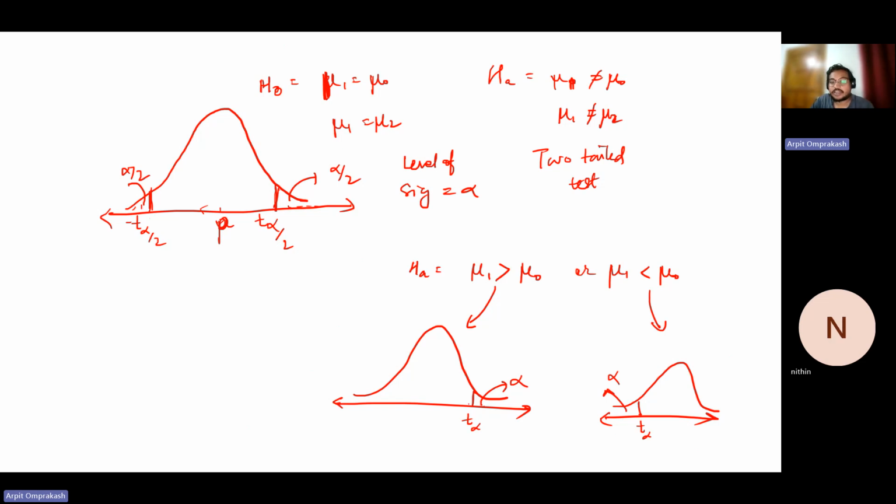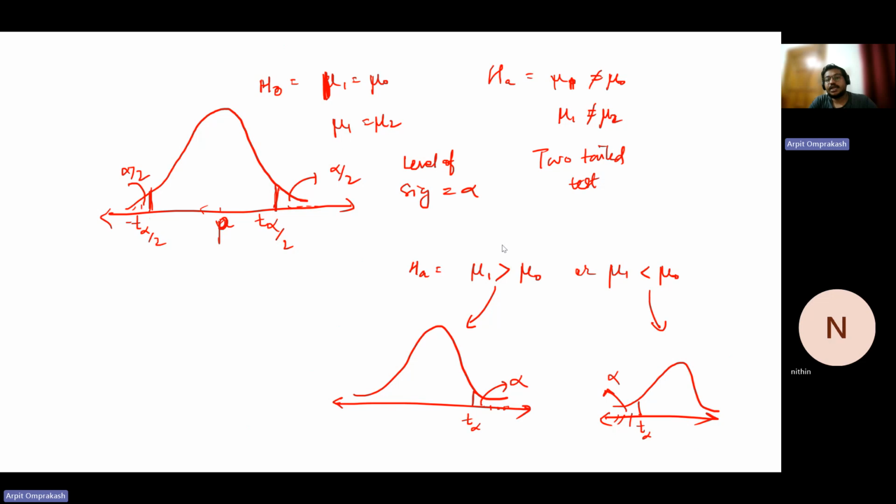Right. So now if our value in this case goes beyond this, we reject our null hypothesis. And even here, if the value goes beyond this, we reject our null hypothesis. Right. So the clearest difference is that our alternate hypothesis is different when we have a one-tail or a two-tail test of hypothesis.